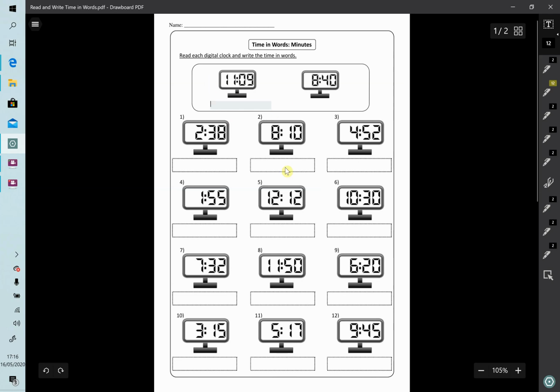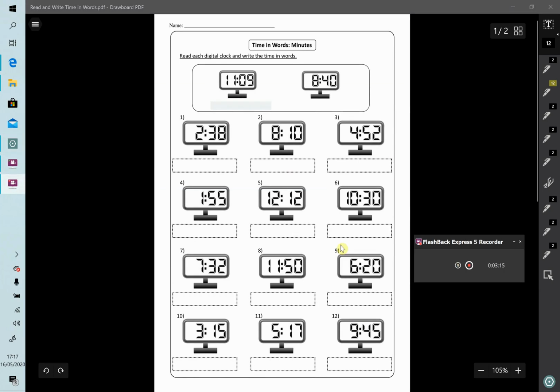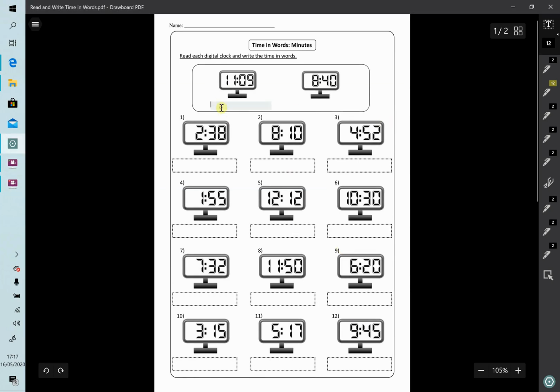So what time is it at the moment? At the moment, the time that is showing, it is, or you don't have to write it is, but it's a habit, it is 9 past 11. Because 9 minutes past the 11 o'clock.